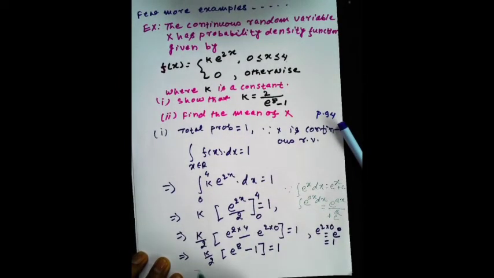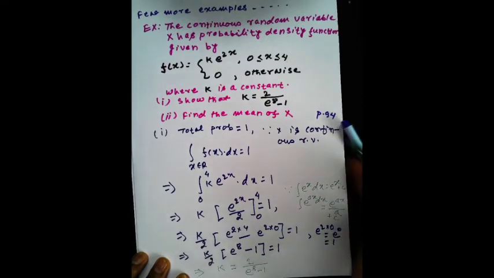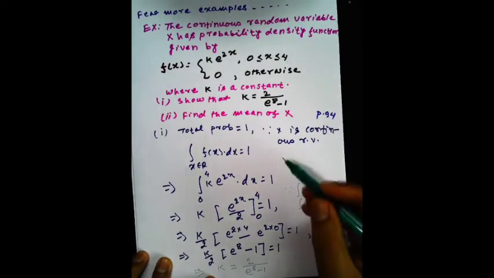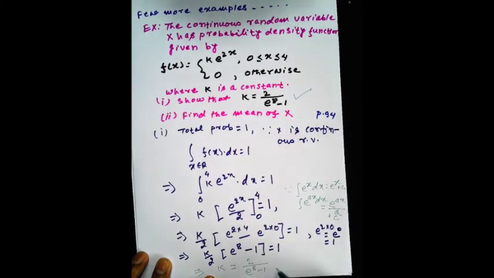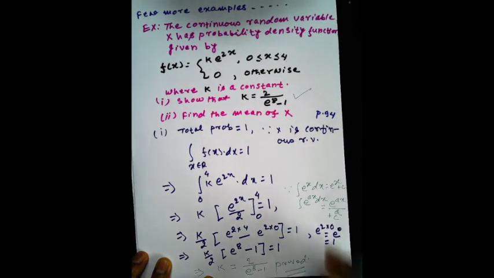Finally we have k equals, if you transpose this to the right side, 2 is here and this term will be divided, so 2 divided by e to the power 8 minus 1. Let's check whether we have matched the result that we need to show. Yes, so 2 divided by e to the power 8 minus 1, and we have proved it.